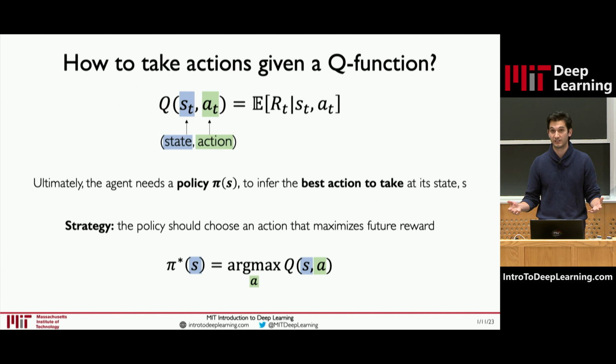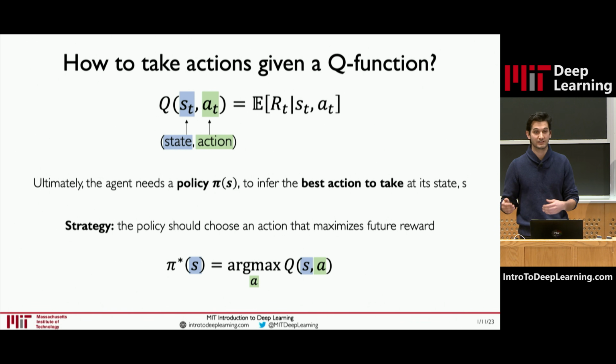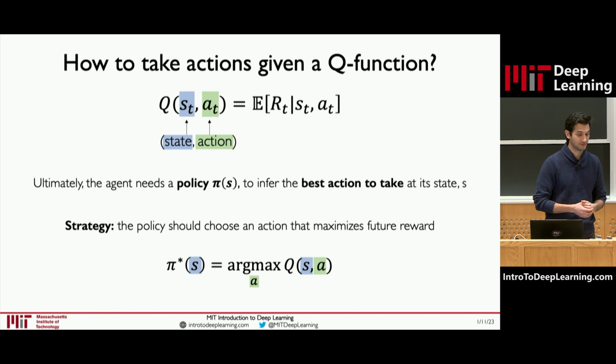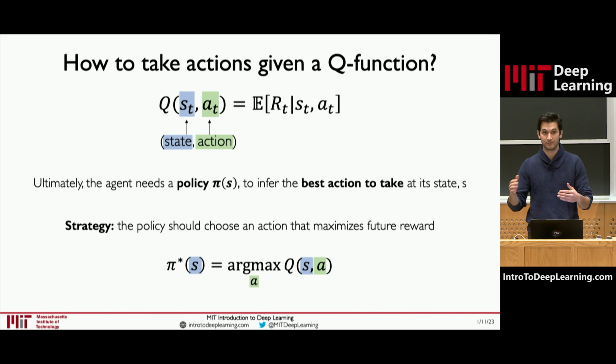If we have a discrete action space, we can simply try out all possible actions, compute their Q value for every single possible action based on the state that we currently find ourselves in, and then pick the action that is going to result in the highest Q value. If we have a continuous action space, maybe we do something a bit more intelligent, maybe following the gradients along this Q value curve and maximizing it as part of an optimization procedure.